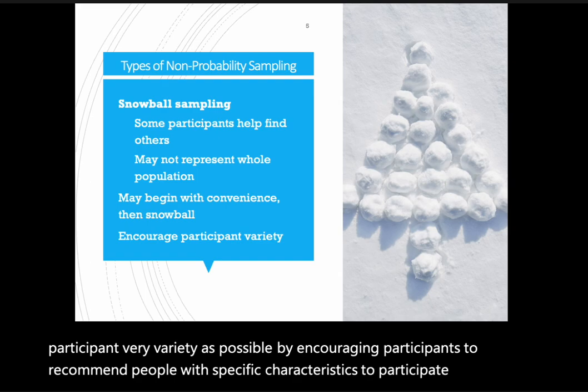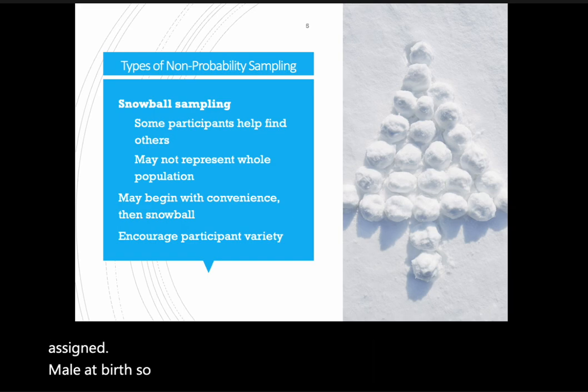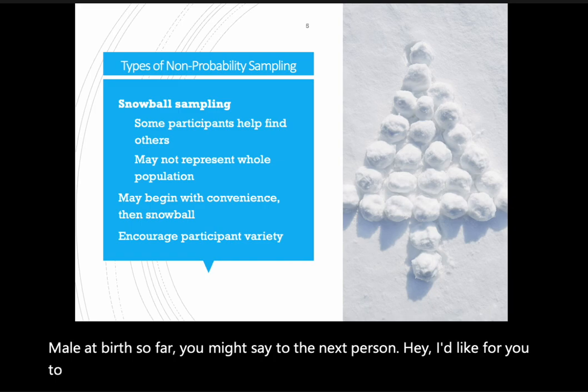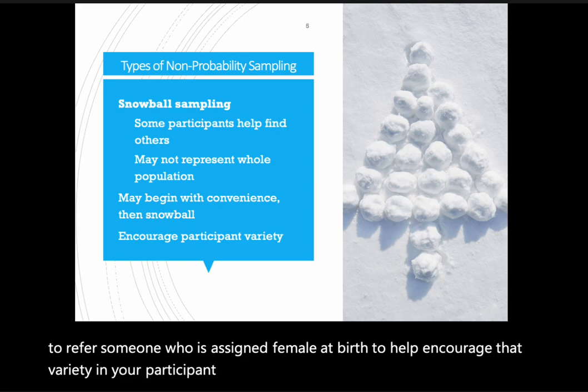So if you've had all people who were assigned male at birth so far, you might say to the next person, hey, I'd like for you to refer someone who is assigned female at birth to help encourage that variety in your participant identities.